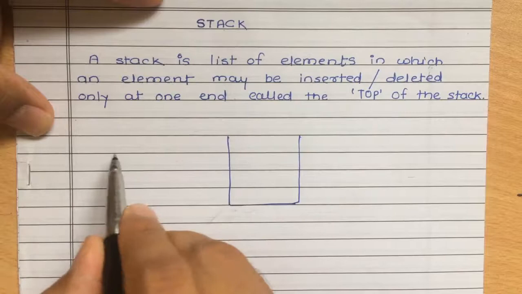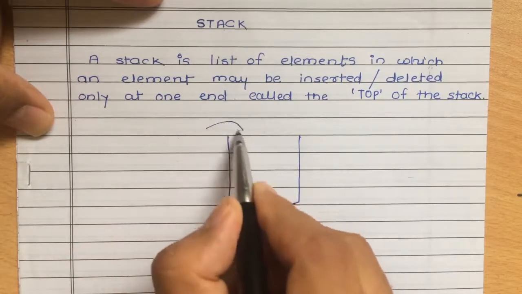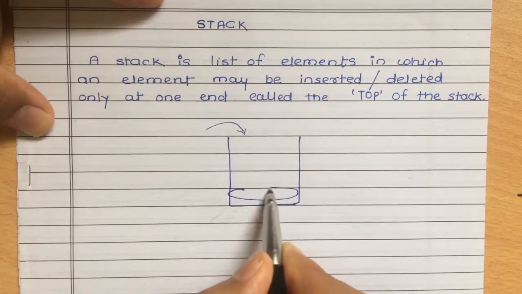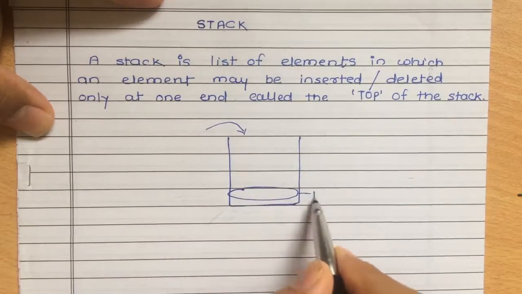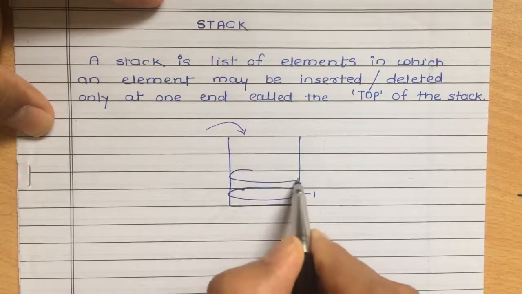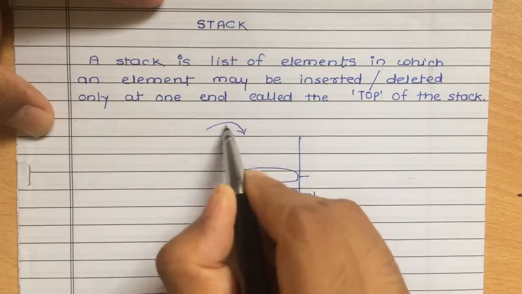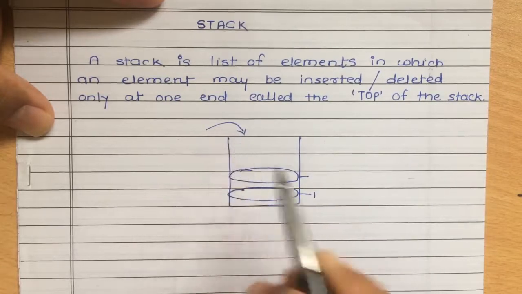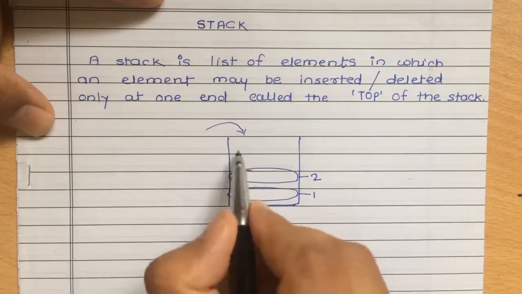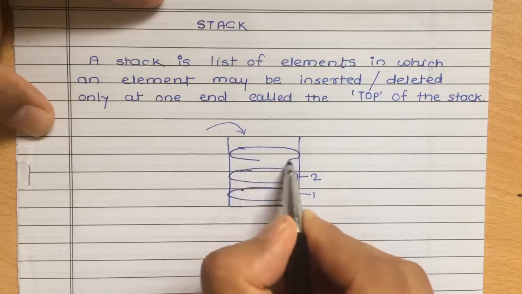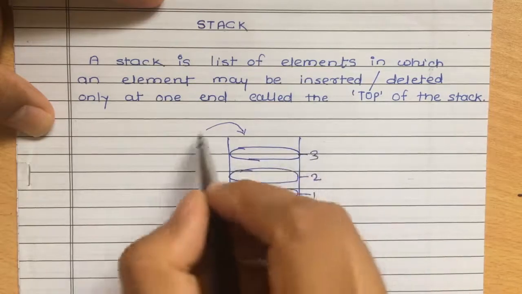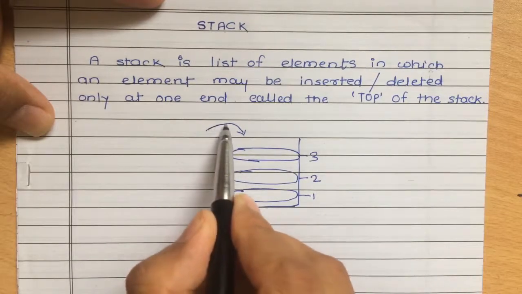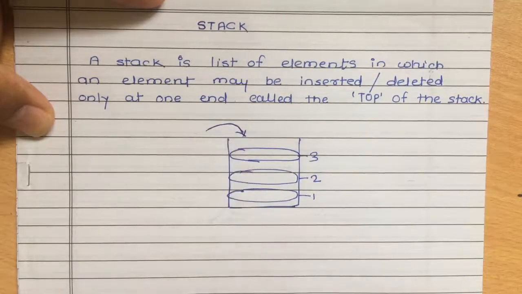While inserting, first I will place the first dish over here. Then I will place the second dish, and the insertion is carried out from this end only. Suppose I put the third dish; this insertion is also carried out from this one end only.